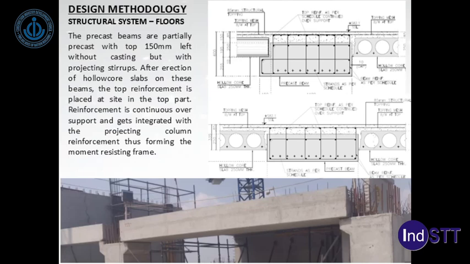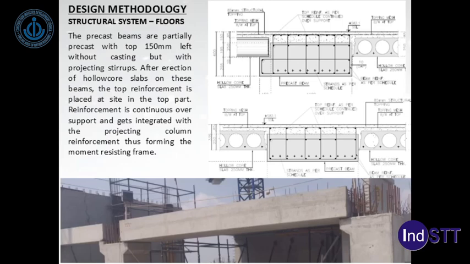Coming to the beams, they are partially precast with the top 150 mm left without casting but with projecting stirrups. Now, after erection of hollow core slabs on these beams, the top reinforcement is placed at site in the top part. Reinforcement is continuous over support and gets integrated with the projecting column reinforcement, thus forming the moment resisting frame.